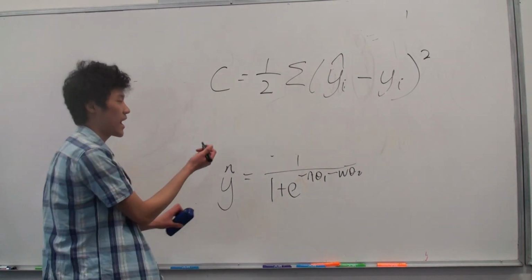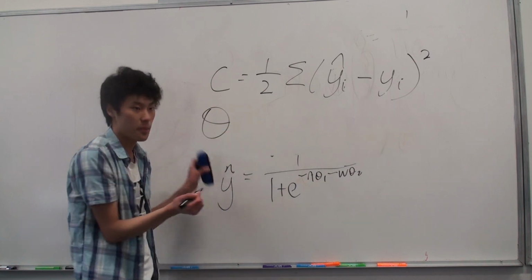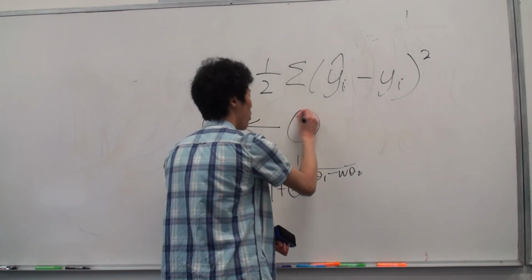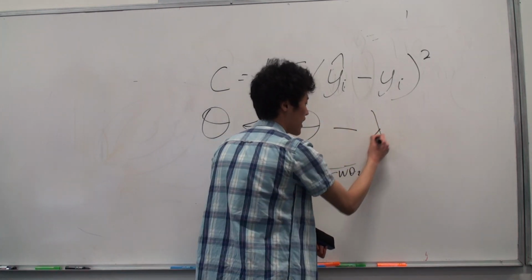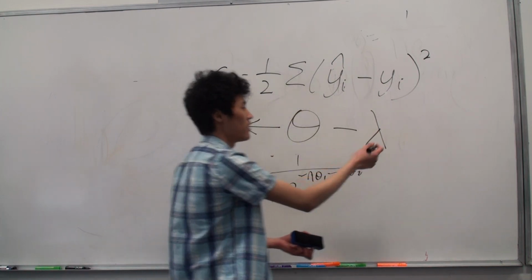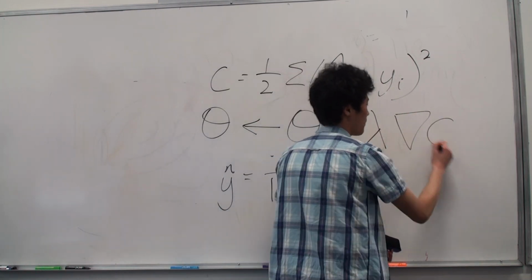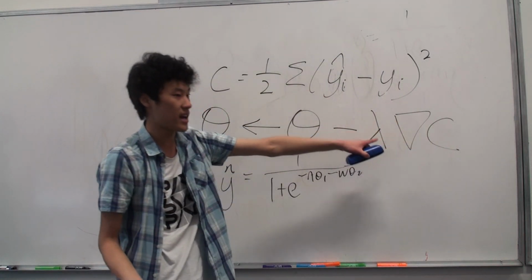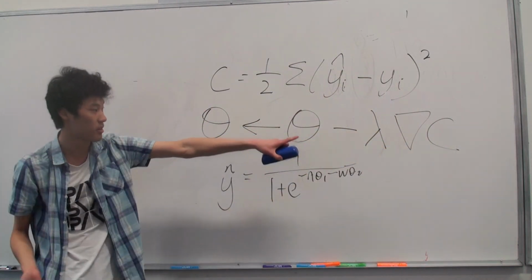And remember, the gradient descent algorithm says that theta, the parameters, gets updated by the old theta minus the learning rate, which is from 0.01 to 1, times the total derivative of the cost function. This upside down triangle means total derivative, if you remember from before.